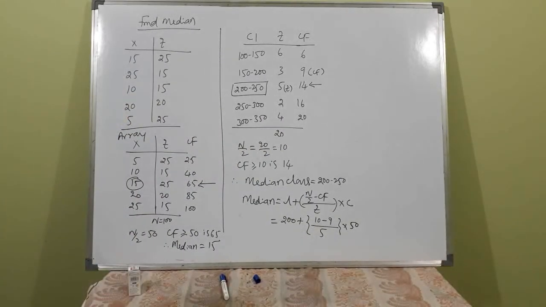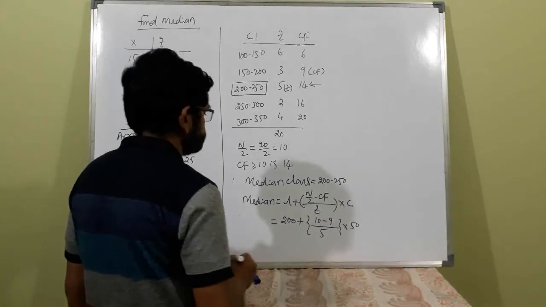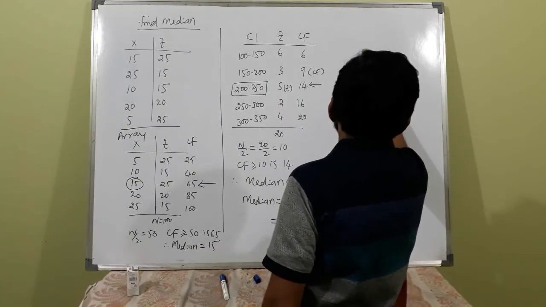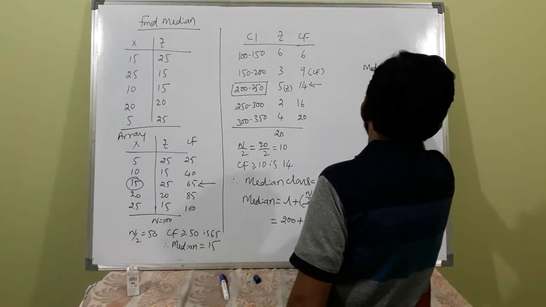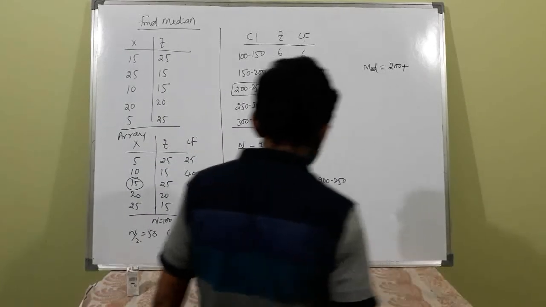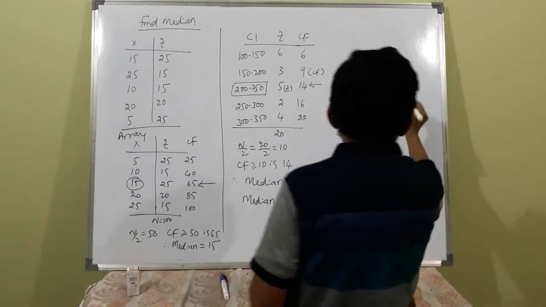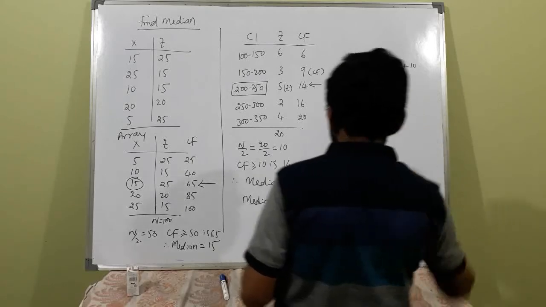So median is equal to 200 plus 1 by 5 into 50, which means 10. 210. Okay.